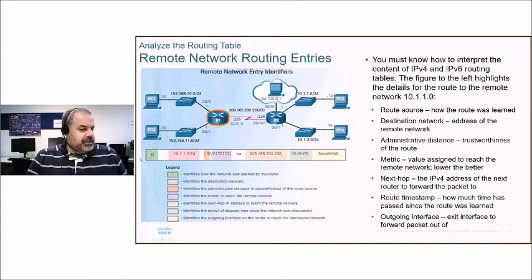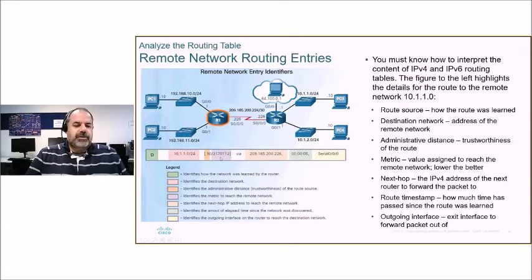So here is an example of a routing table entry. D means it's been learnt from EIGRP. This is the destination network, 10.1.10.0/24. So here is that admin distance we were talking about. EIGRP's admin distance is 90. This is the metric, so how far away is that destination network?